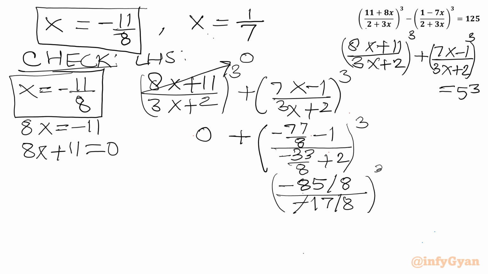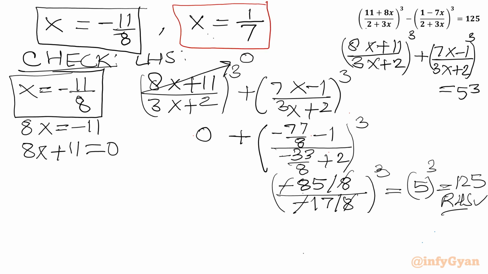Now we can cancel minus with minus, 8 with 8, and 17 times 5 is 85. So this will become 5 cube, which is equal to 125, which is our RHS. Hence verified. Now the turn of the second solution, x is equal to 1 over 7.